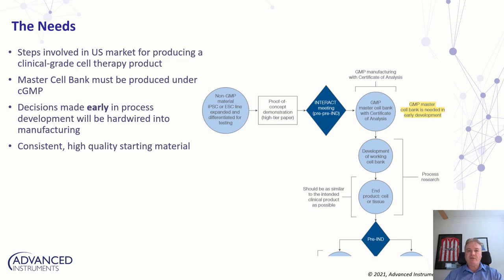I'll also repeatedly make the point throughout the talk that the translation to manufacturing needs to be borne in mind throughout, and you need to start implementing things in the development which can then be copied over or replicated in the manufacturing. Key to all of this, and I've seen this in numerous presentations from various iPSC cell therapy companies recently, is getting a clone or master cell bank. So consistent, high quality starting material is absolutely key for this area.